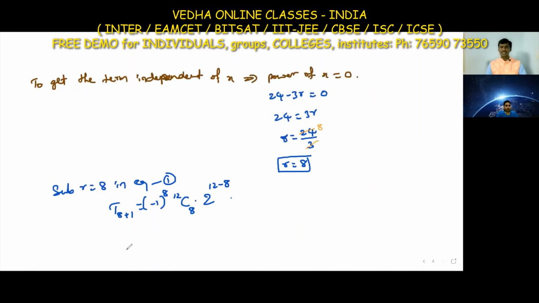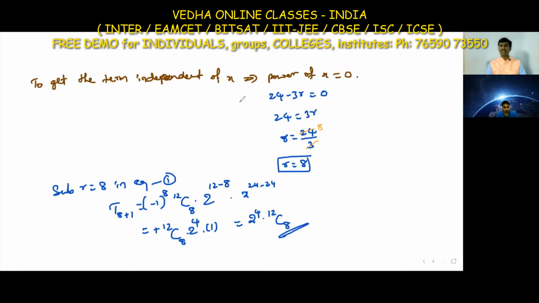So we get the term independent of x. Minus 1 whole power 8 is plus 1 here. And 12C8, either we can simplify or keep it like this, and 2 to the power 4, into 1. So finally we are getting 2 to the power 4 into 12C8.